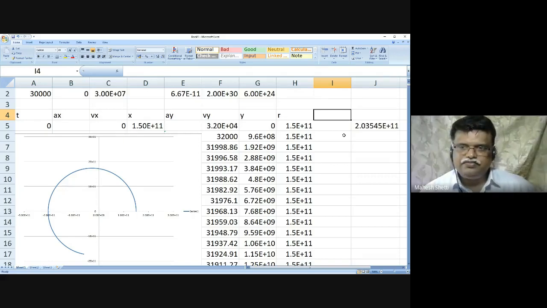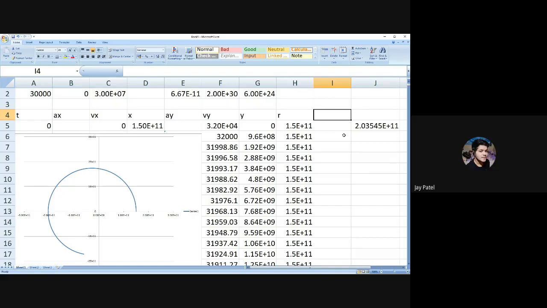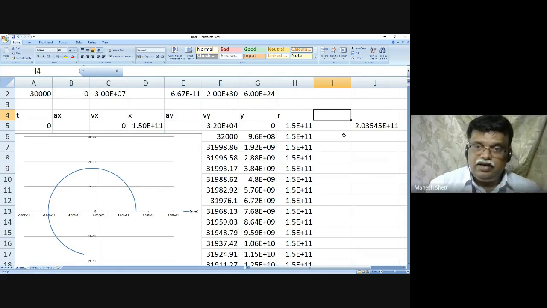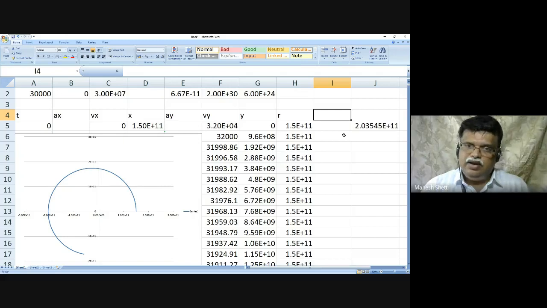So if that energy comes positive, then yes, it will escape, because if energy becomes positive, it means it is no more in an elliptical orbit. It is going to be in a parabolic or hyperbolic orbit. If it is very close to 0, it is a parabolic orbit, but a parabolic orbit is just a limiting approximation of a hyperbolic orbit. When energy becomes positive, it is going to be a hyperbolic orbit.